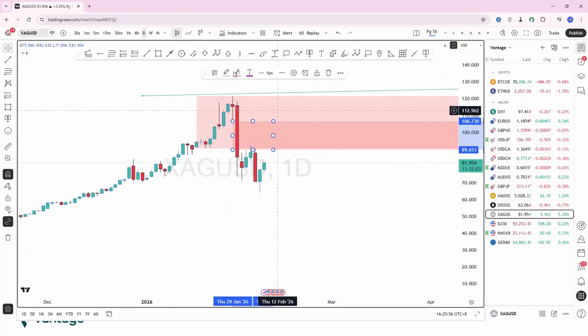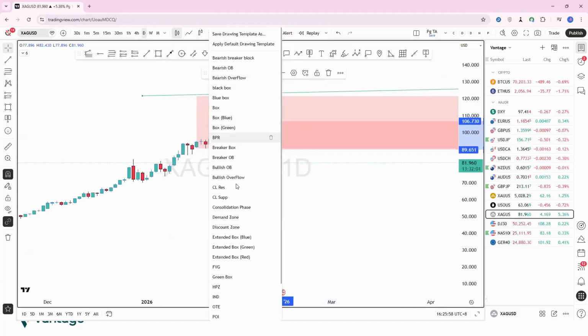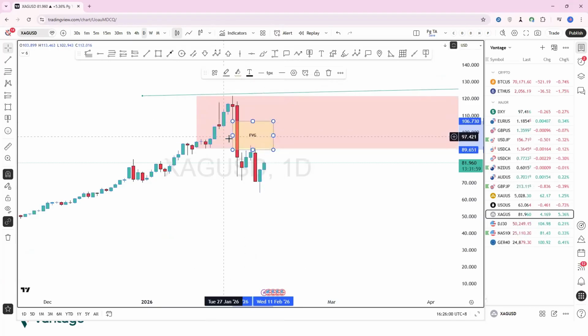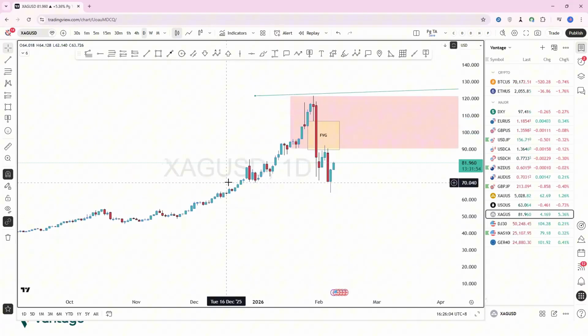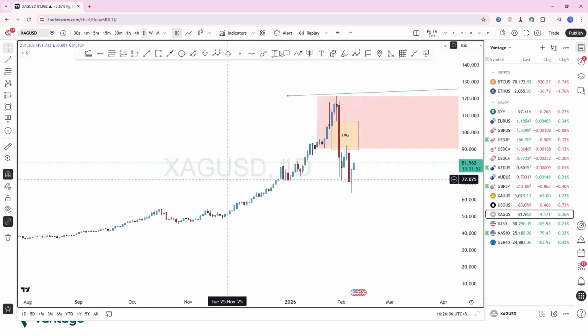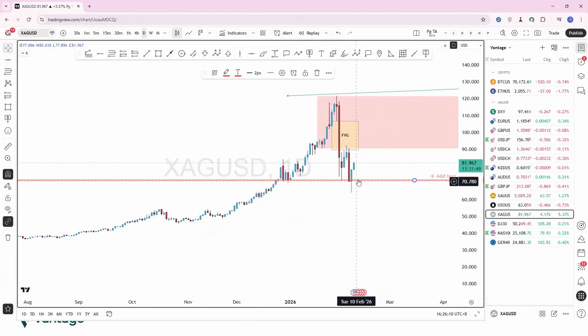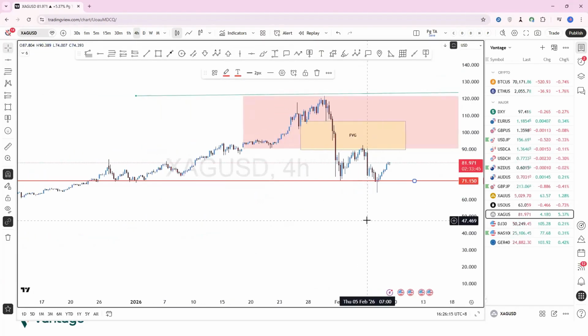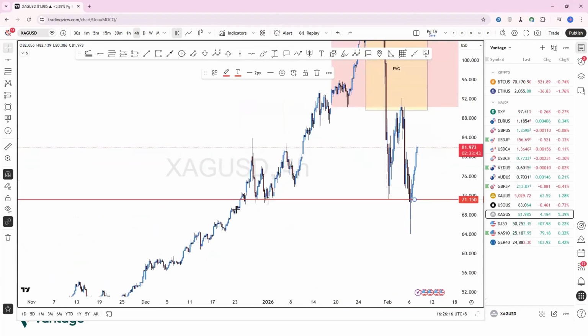We know that there's an FVG somewhere around this level. Maybe this one at the support level, right?